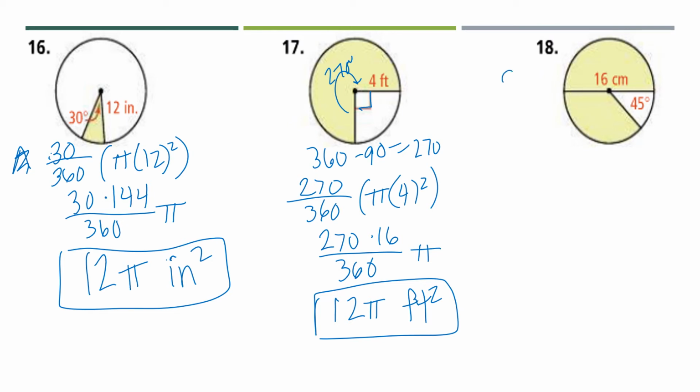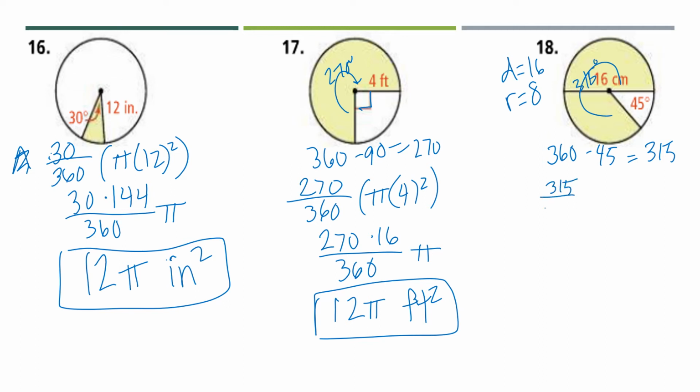For 18, they give me the diameter, which is 16, so my radius has to be 8. They also just give me this little piece here. They don't give me the whole thing. So in order to find the whole thing, I need to do 360 minus 45, which is 315. So from here to here is 315 degrees.